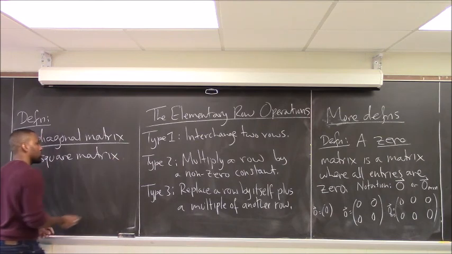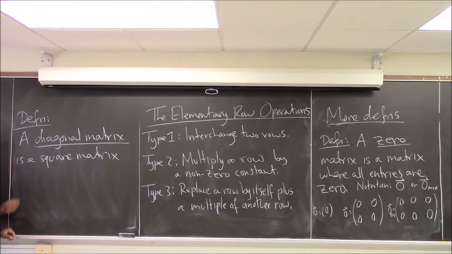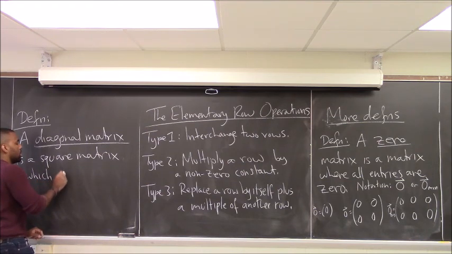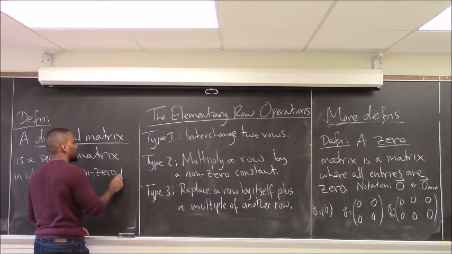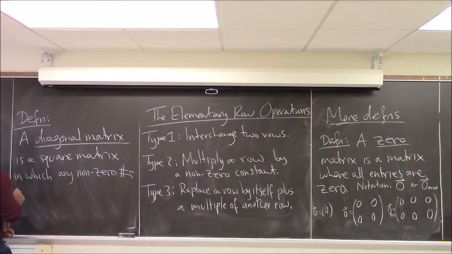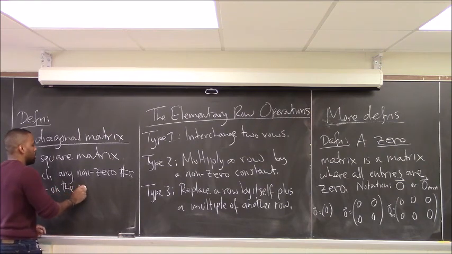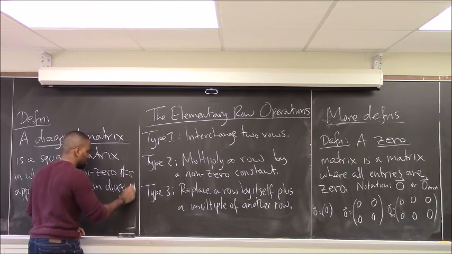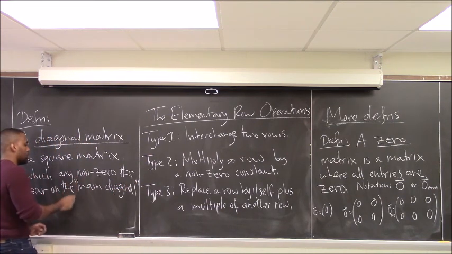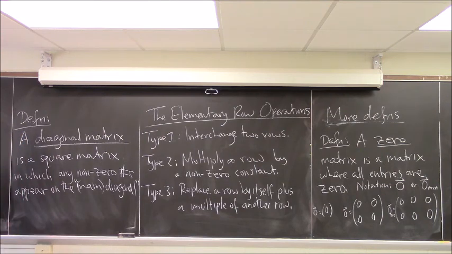It just means the same number of rows as columns. A diagonal matrix is a square matrix in which any non-zero numbers appear on the main diagonal. Sometimes we omit the word main. If we just say the word diagonal, we mean main diagonal. That's top left to bottom right.